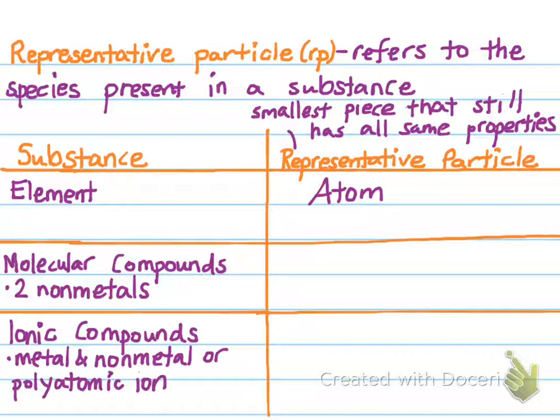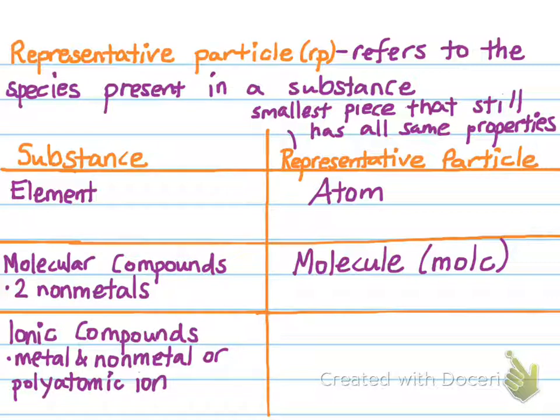All right, and again, if I have a chunk of molecular compound and I want to chop it up into smaller pieces so that every piece still has all the properties of that molecular compound, that smallest piece would be called a molecule. And remember, we abbreviated molecule MOLC. Now we understand why we have to have that C on there, because mole, MOL, is the abbreviation for our SI unit for the amount of substance.